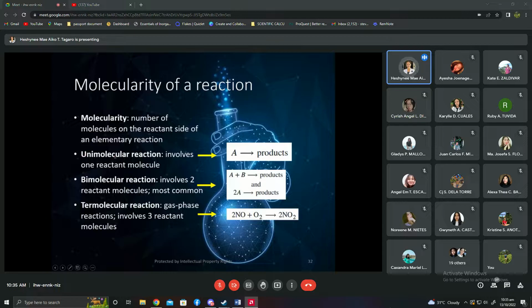Unimolecular, of course, involves one reactant. Bimolecular involves two reactant molecules, and this is the most common. Termolecular usually occurs in gas phase reactions and involves three reactant molecules. All right. Next, let's proceed.